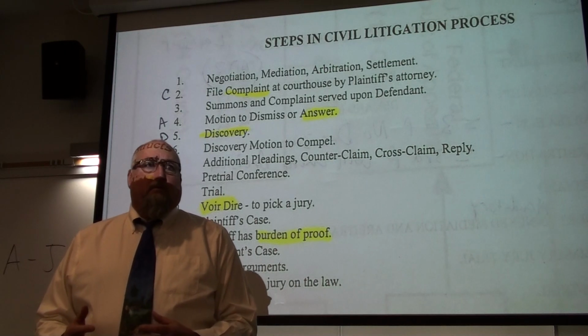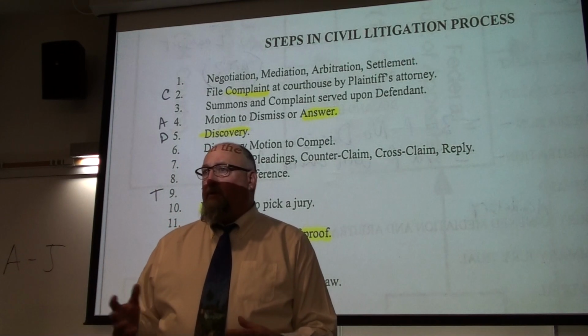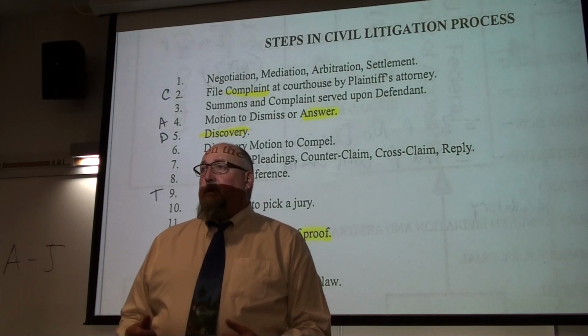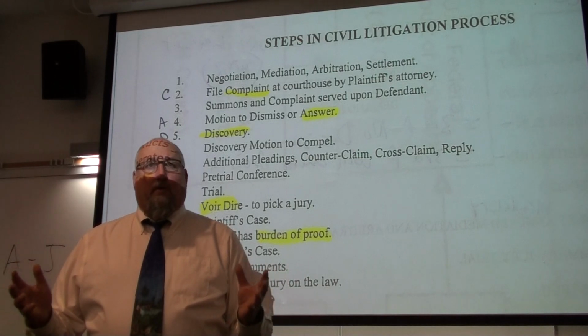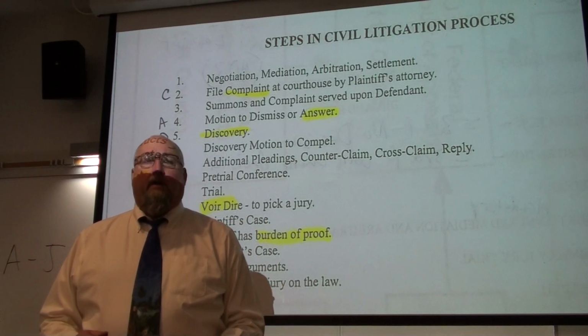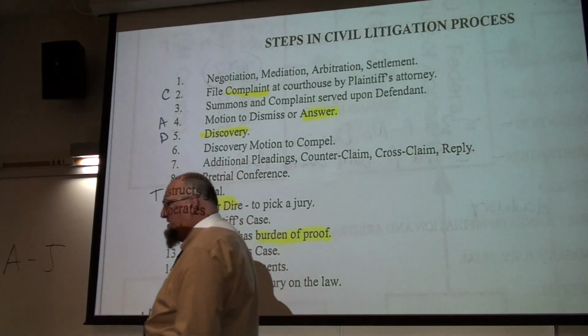And so assuming we tried to do negotiation and that didn't work, we tried to resolve the case without having to go to court, but ultimately we were unable to do that, so that leaves us with going through the court system, filing a lawsuit, and proceeding through litigation. So let's take a look at the major steps.